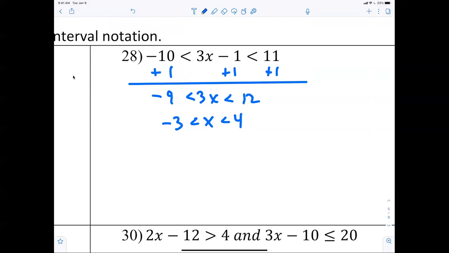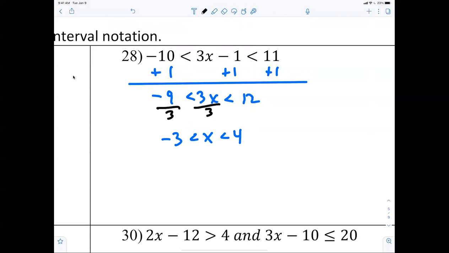Did you just minus it, or no? Because that's multiplication, right? And so this would just be everything between -3 and 4. Everybody's good?